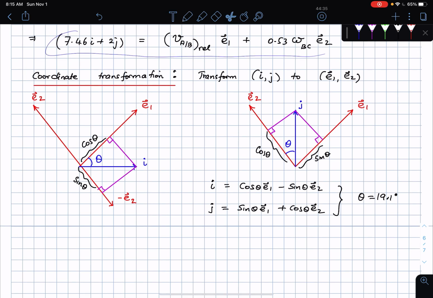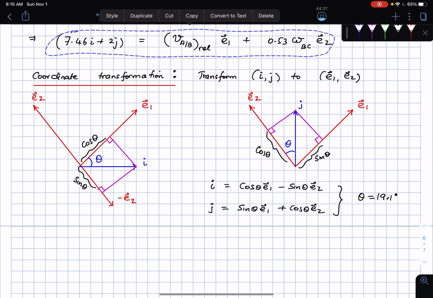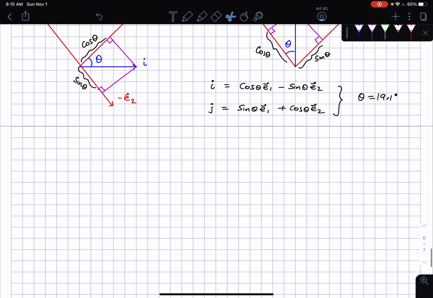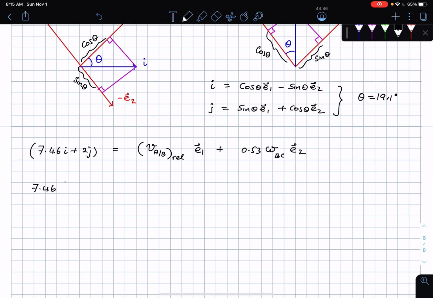Then I go ahead and grab my velocity expression from here. With the coordinate transformation done, I bring it down here and start doing the substitutions. So this is 7.46 in the i direction, which is cosine of 19.1 E1 minus sine of 19.1 E2, plus 2 times the j direction, which is sine of 19.1 E1 plus cosine of 19.1 E2.